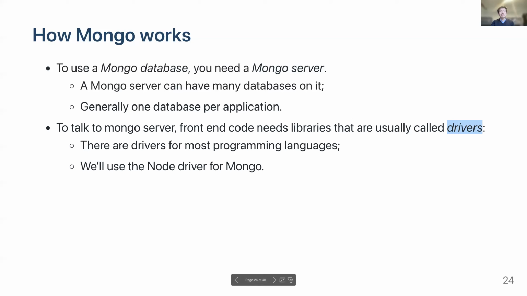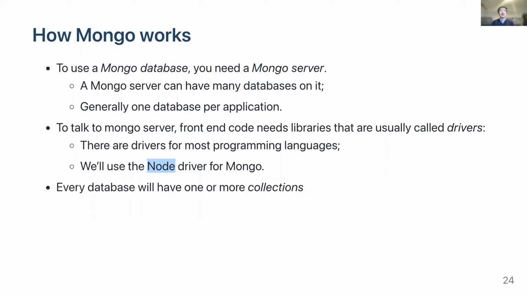Okay, so we're going to use a driver that's designed for Node. MongoDB has a driver specific for Node, and it's for JavaScript. I think it's slightly different from the driver for JavaScript.